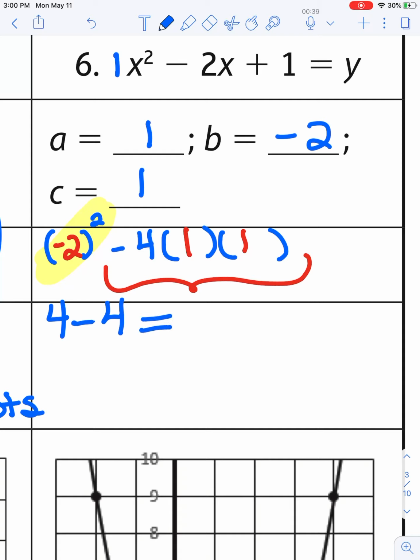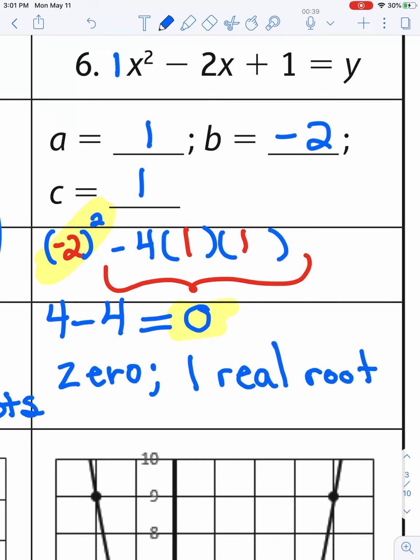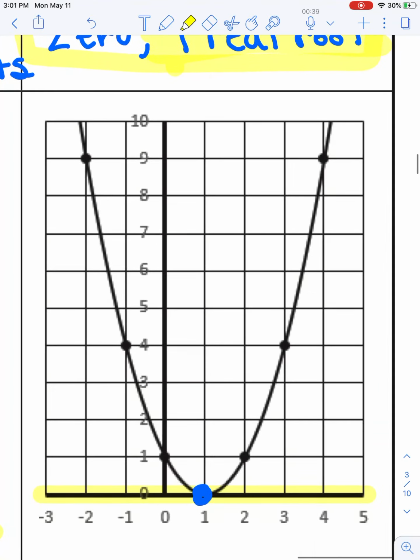So 4 minus 4 yields a 0 value. Okay, so that tells me when your discriminant is equal to 0, that means that there is one real root, and we could see that here on the graph. Okay, there's one real root, and that one real root is at positive 1.